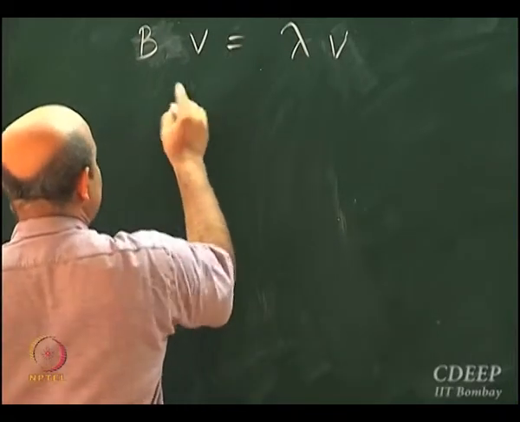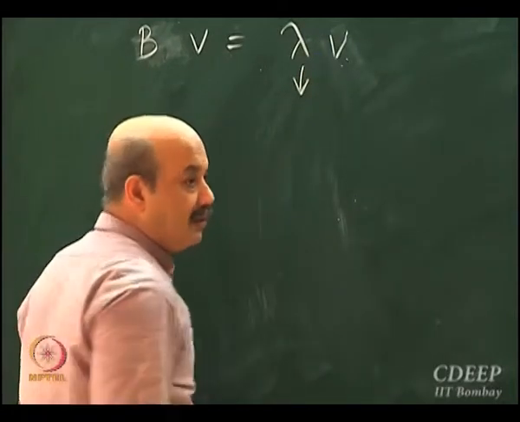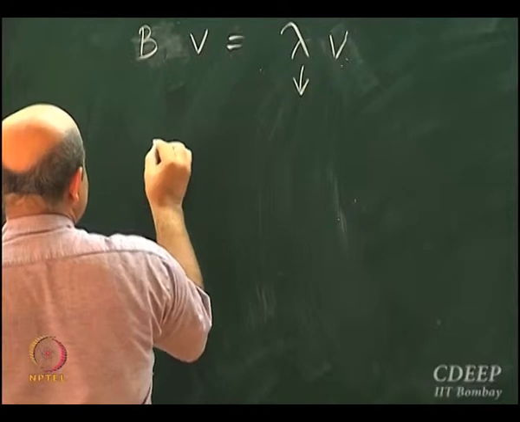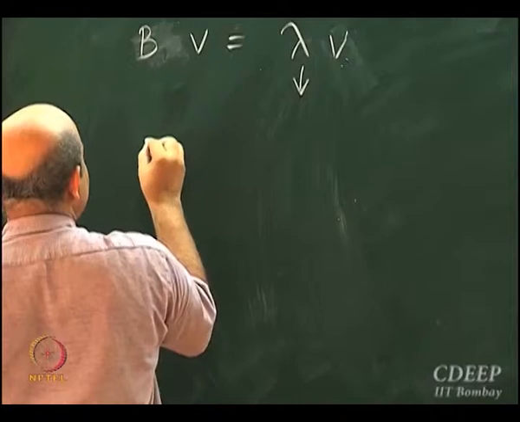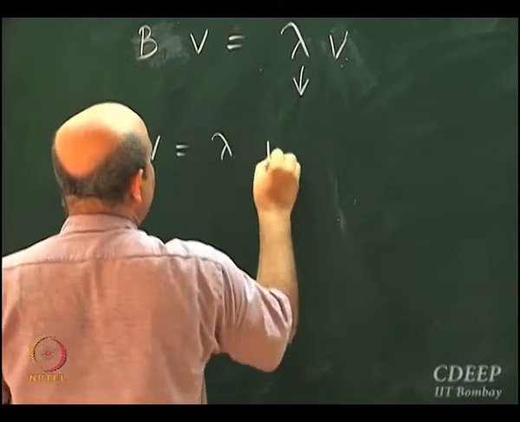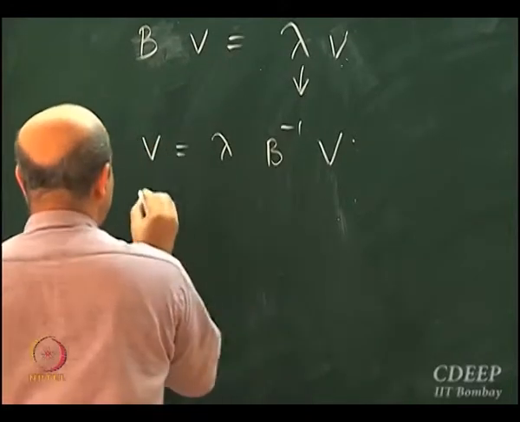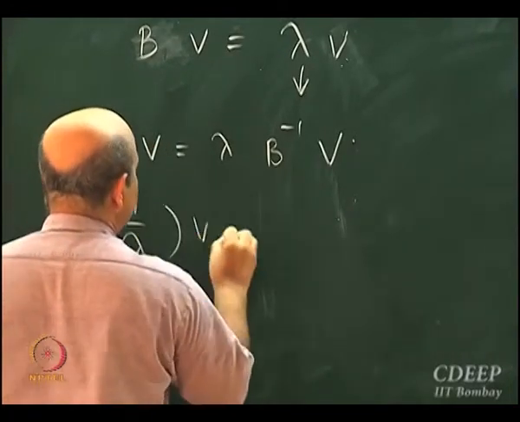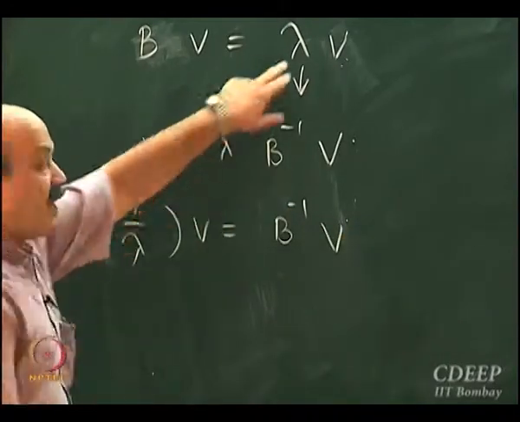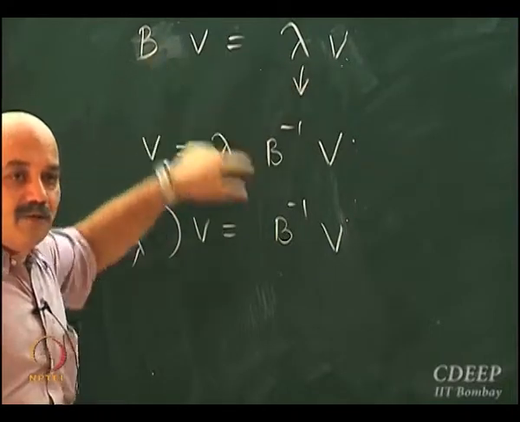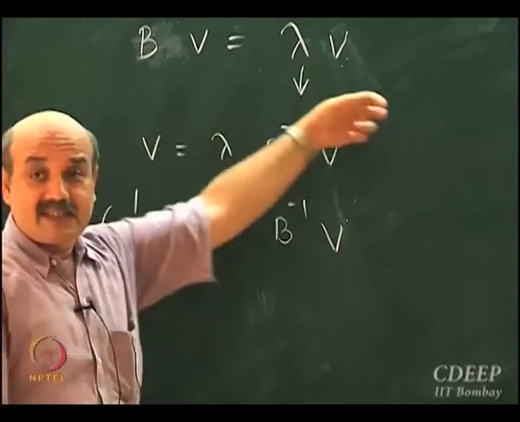It's very easy to show, if lambda is the eigenvalue and V is the eigenvector, I just have to pre-multiply both sides by B inverse, so I get V is equal to lambda B inverse V, or 1 by lambda V is equal to B inverse V. So if lambda is an eigenvalue of B, 1 by lambda is an eigenvalue of B inverse, and eigenvectors are the same.